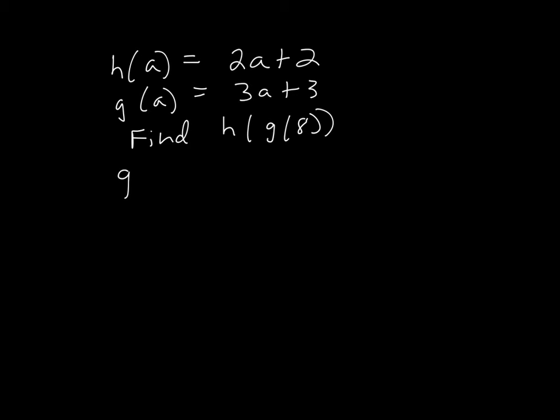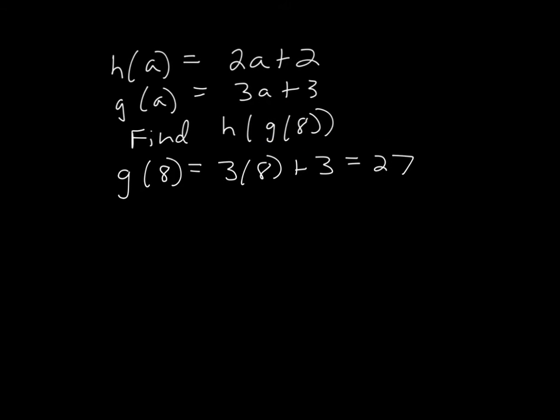So g of 8 equals 3 times 8 plus 3, which is 24 plus 3, which is 27. So now I'm going to rewrite this, but instead of writing g of 8 there, I'm going to put 27 there.